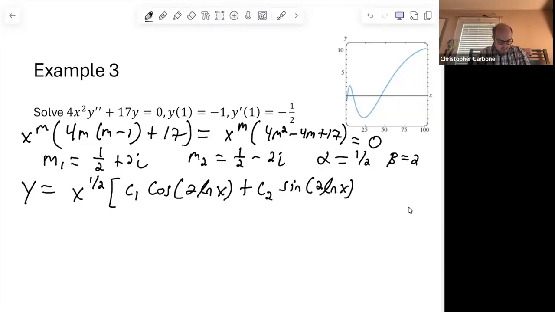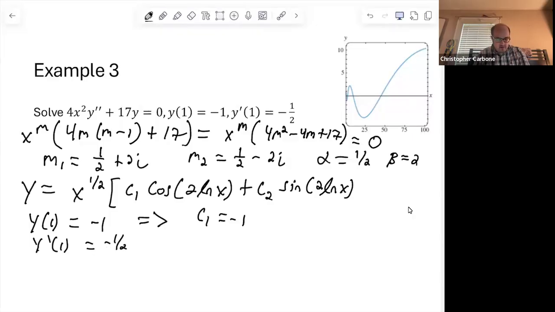And it so happens that when we apply the math for this, y of 1 is equal to -1, we actually find from this that c sub 1 is -1. And likewise, for y prime of 1 being -1/2, we find that c sub 2 is going to be equal to 0.